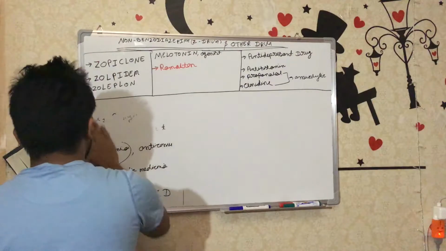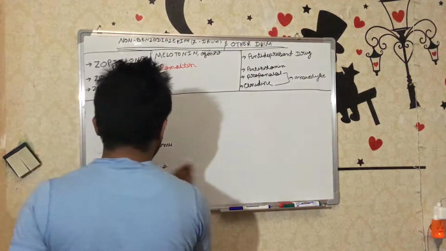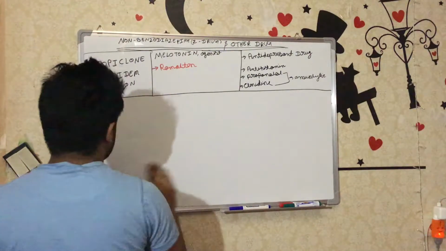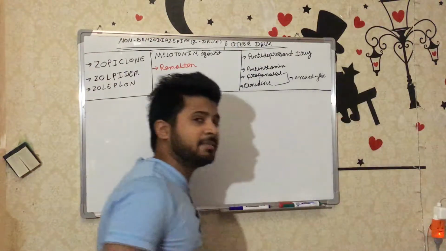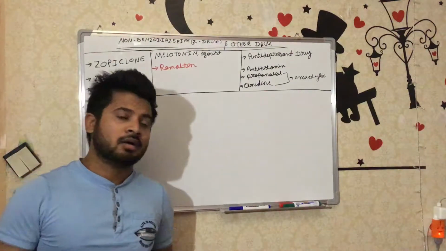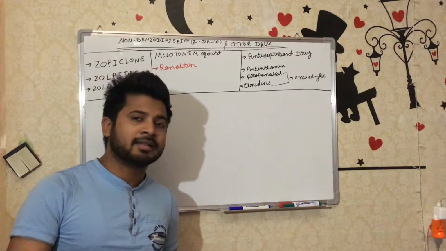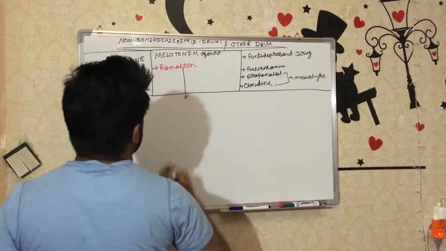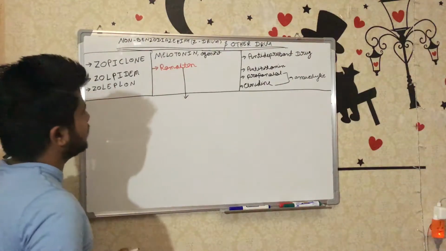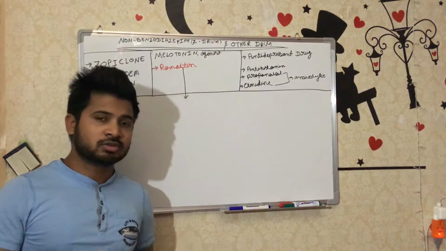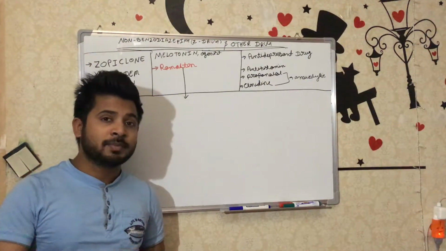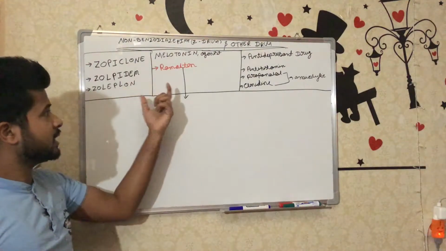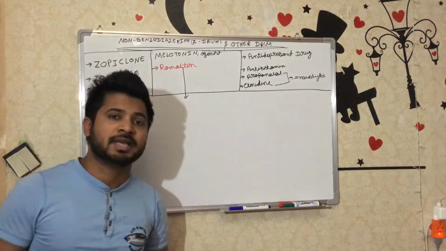As we know, melatonin is the hormone produced from the pineal gland in the CNS, which maintains the circadian rhythm underlying the sleep-wake cycle. Briefly, we can say melatonin maintains our sleep cycle.